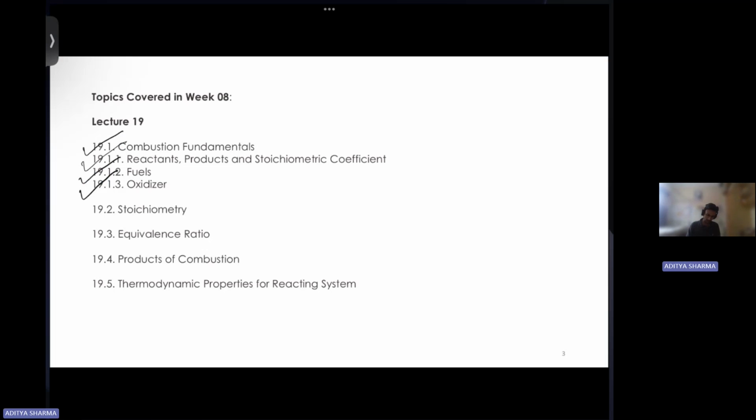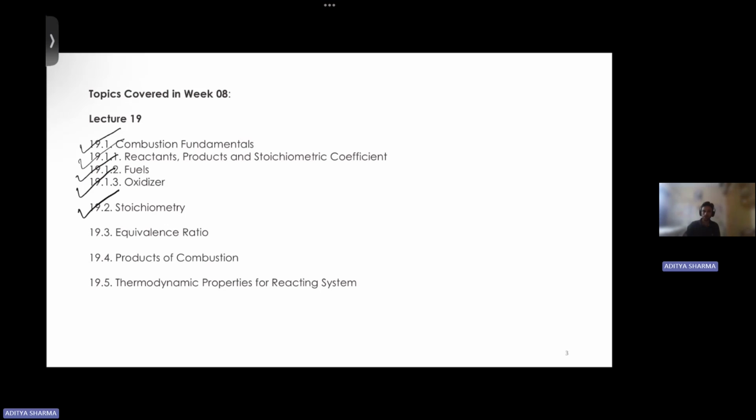Then there is stoichiometry. What is stoichiometry? Stoichiometry is basically the balancing of the elements of reactants with the products in a chemical reaction. In stoichiometry, we see a number of parameters like air fuel ratio, fuel air ratio, and theoretical amount of air.